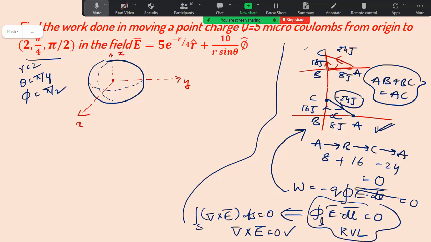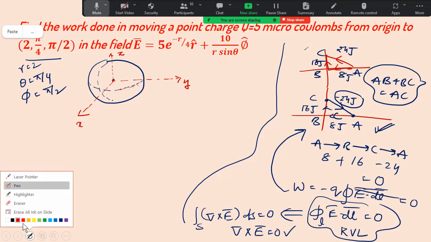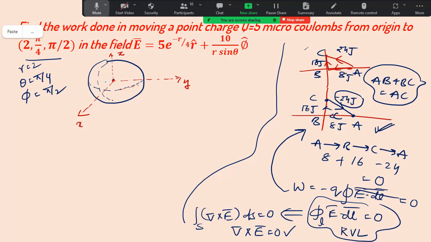So whatever the dotted line I have given here, this one, is actually on the boundary of the sphere only. When you move from the origin, that means from the center of the sphere, to this particular point, you are traveling along the x-axis, from the origin to some point on the x-axis.